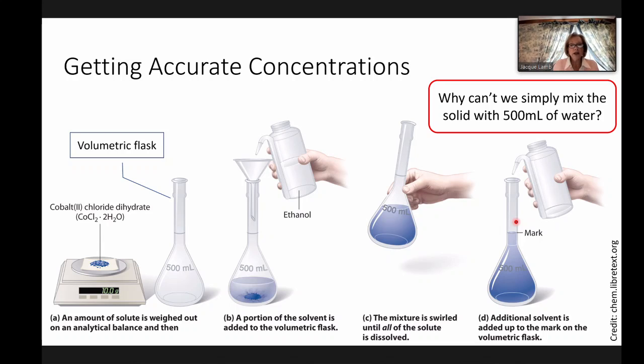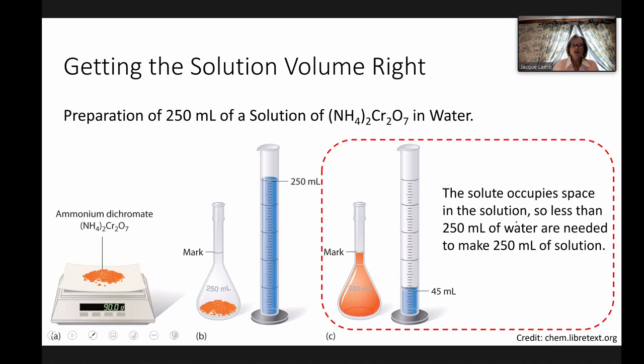And the answer is that the solute actually occupies some space. And depending upon what solute you're dissolving and what solvent you use, the amount of space that's occupied by that solute is going to vary somewhat.